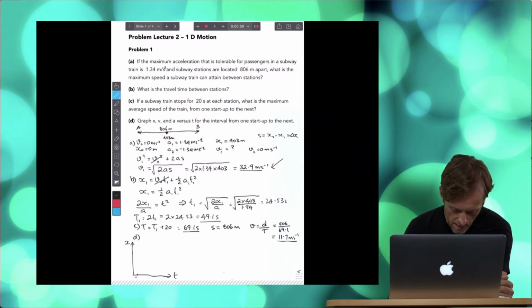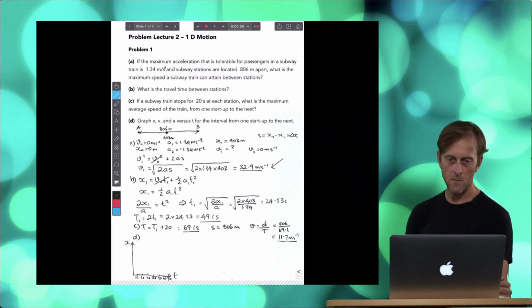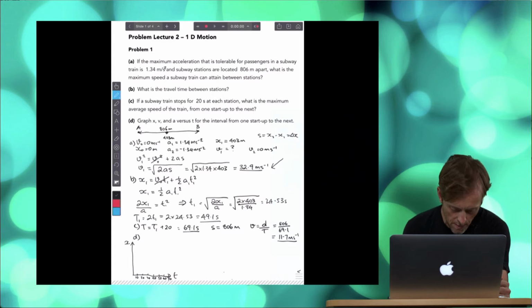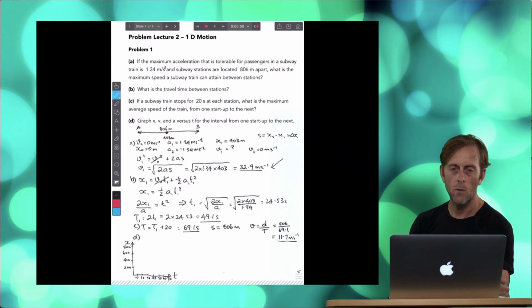That's 10, 20, 30, 40, 50, 60, 70 should get us through. And up here we've got 200, 400, 600, and 800. That's the units that we're kind of working with.